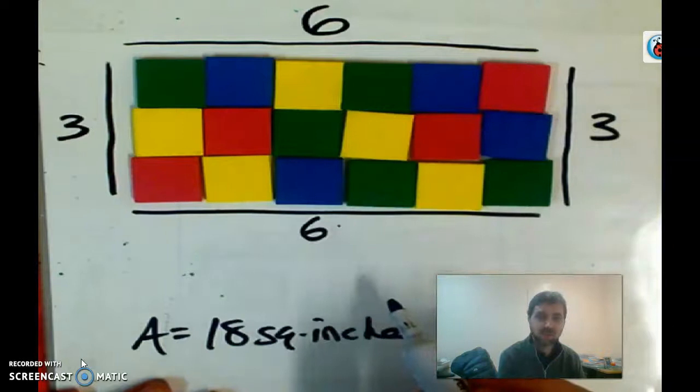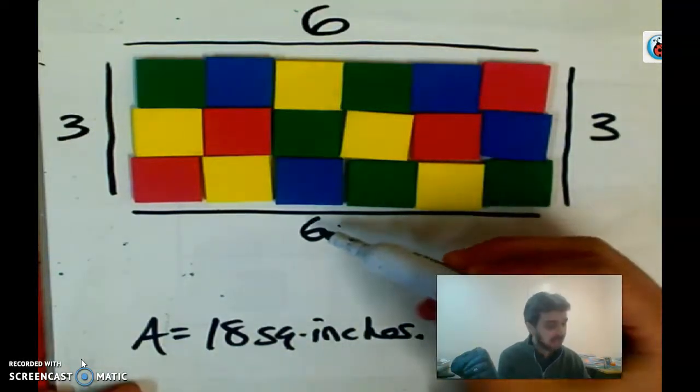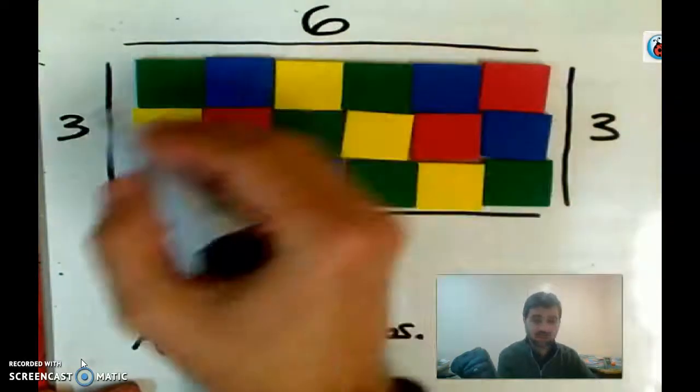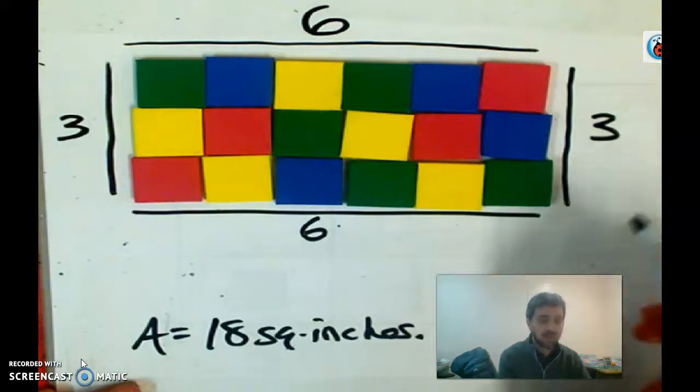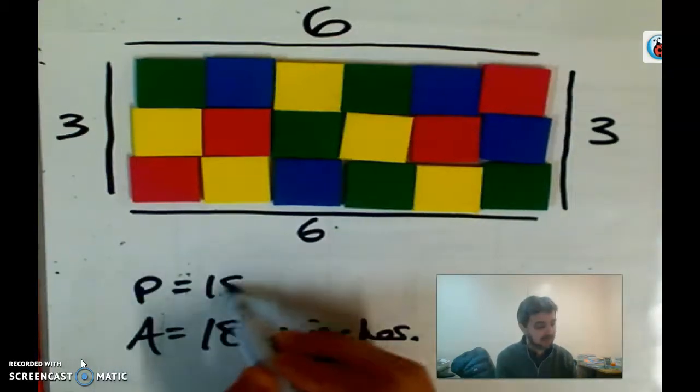So if we add those up, we get 6 plus 3 is 9, and then 6 plus 3 over here is also 9. 9 plus 9 is also 18. That's interesting. The perimeter and the area are the same. But we write it differently.